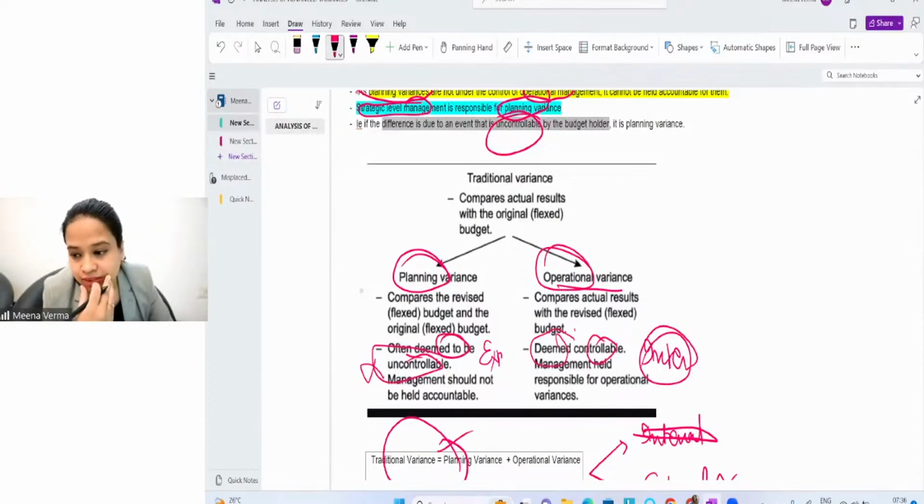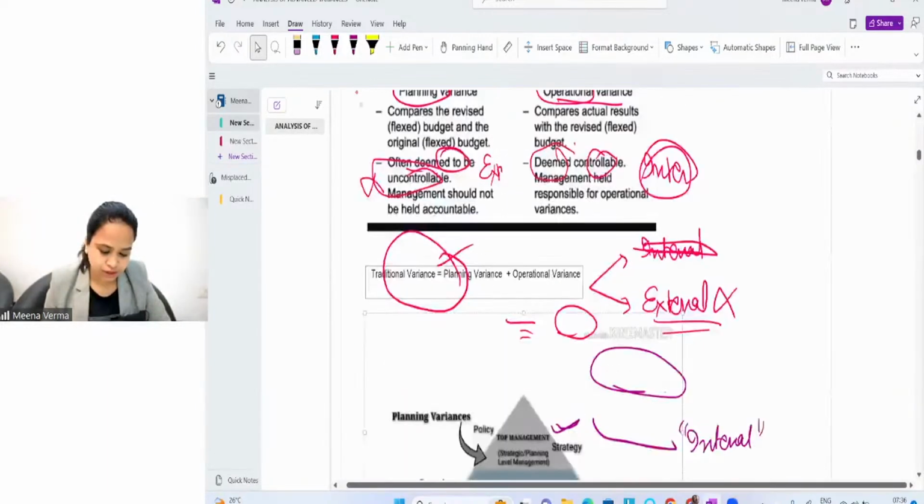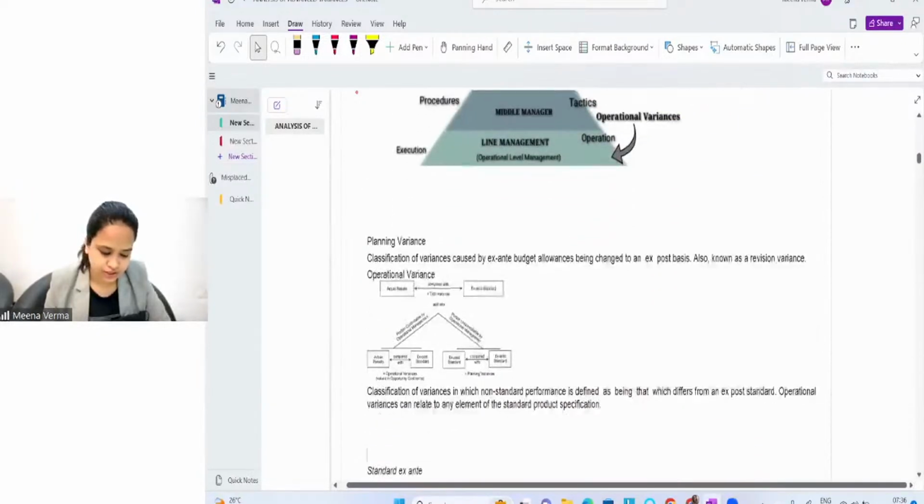And when there was a 4G revolution, it was affecting the people. Every organization was switching to 4G. The point is that if there are any technological changes, they will impact the people, and we have to consider it. Okay, so this is planning variation and operational variation.